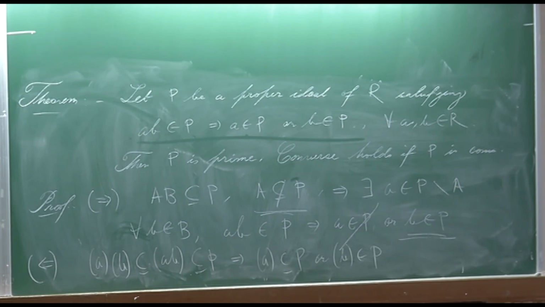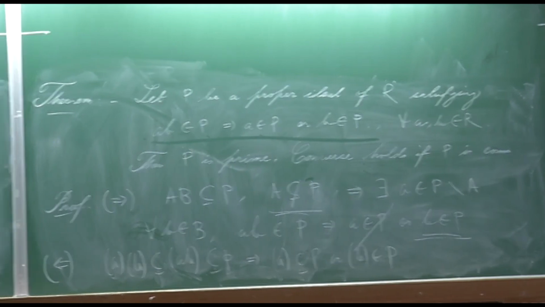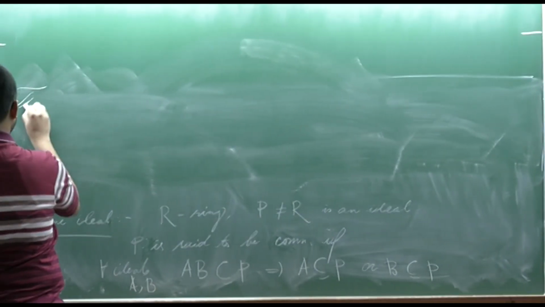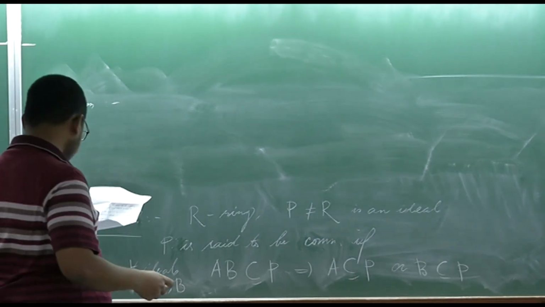Recall that for maximal ideals, in commutative rings an ideal is maximal if and only if the quotient is a field. Here we do have an analogous version.